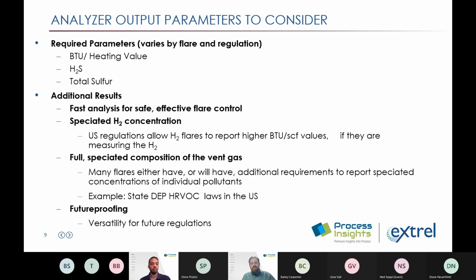They also need to consider whether or not speciated results are important. So one of the wrinkles that came in producing the regulation was that a lot of flares see high levels of hydrogen, and the regulators were smart enough to recognize that hydrogen has a very low heating value, 274 BTUs per scf.